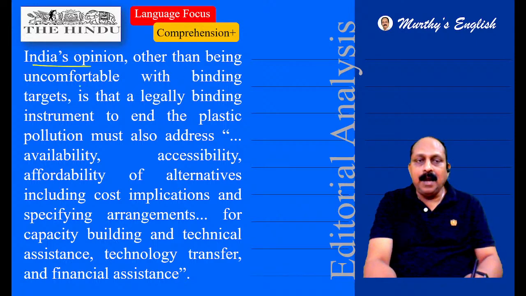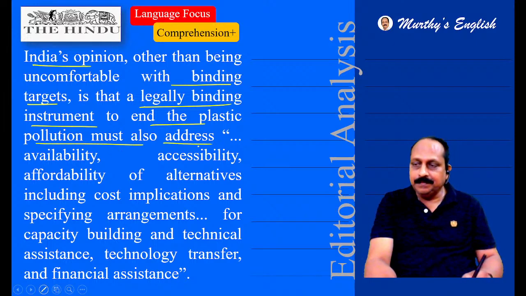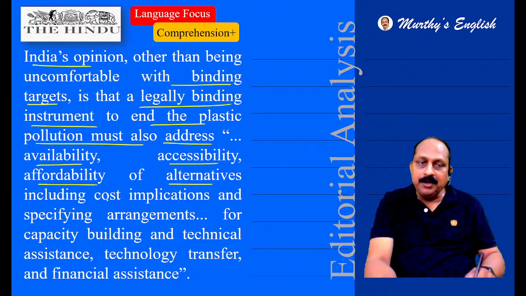India's opinion, other than being uncomfortable with binding targets and hard deadlines, already mentioned, is that a legally binding instrument to end plastic pollution must also address certain problems like availability, accessibility, affordability of alternatives, including cost implications and specifying arrangements.